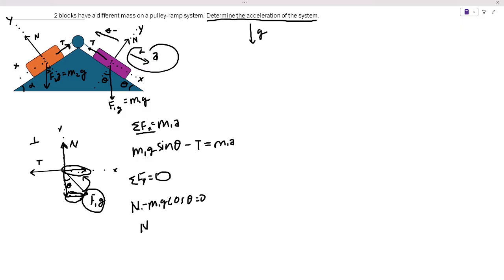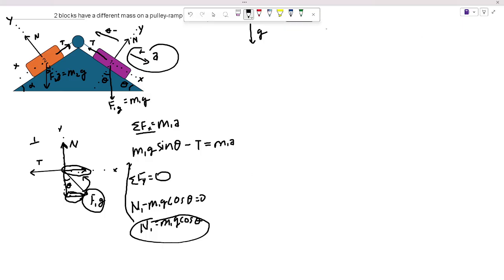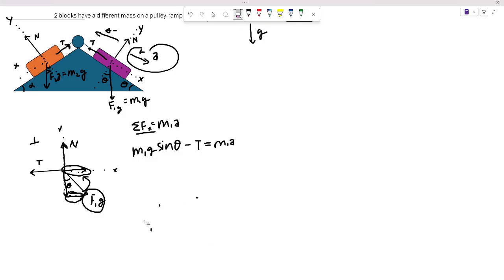Oh yeah, this has to be n1, by the way. This is specifically for n1, because this is the normal force for block 1. See how this doesn't help us right here, because n1, cool, I solved for n1. What does that do for us over here? That does nothing. So that's pretty much useless. But if you have a problem that involves friction, then you would have to care about that.